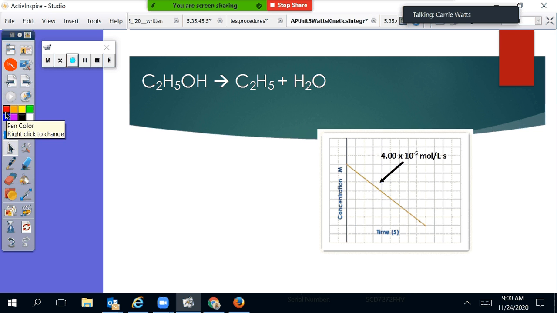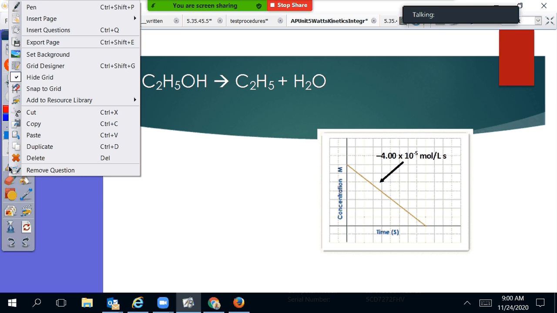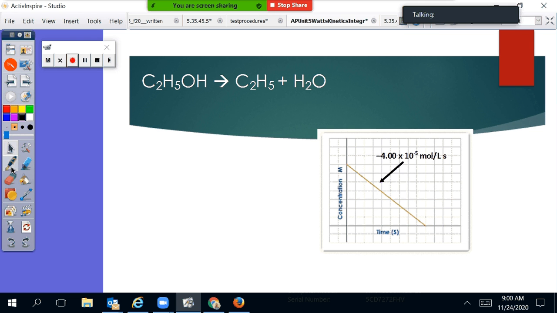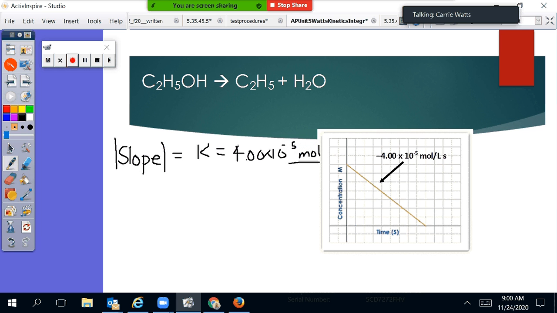Now we determined that this has got to be a zero order reaction, which means our slope, remember, the absolute value of the slope is going to be our K, which is going to be 4 times 10 to the negative fifth moles per liter per second. So we just found our K from the data.